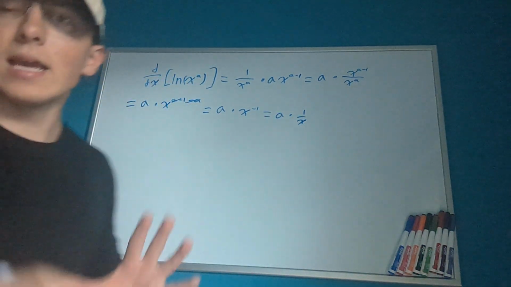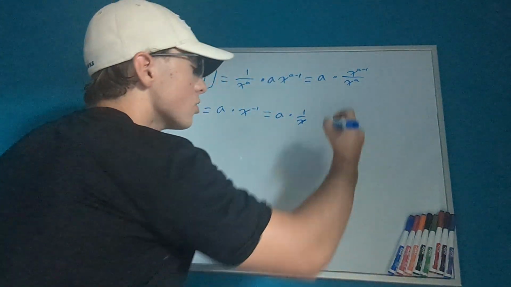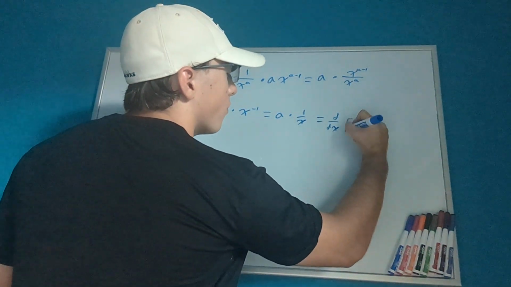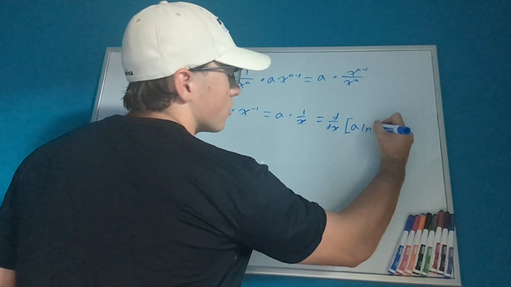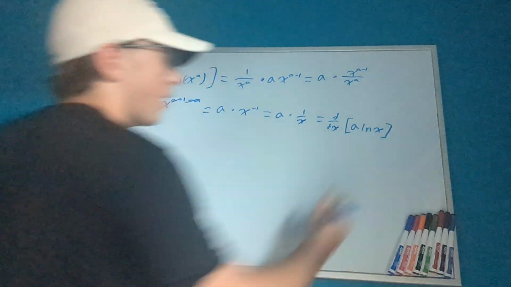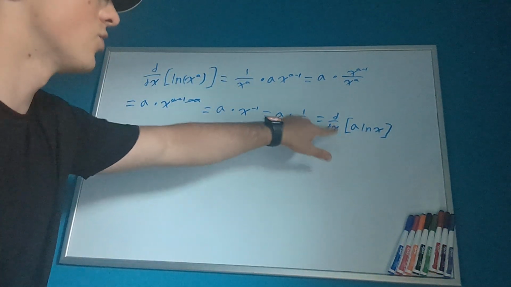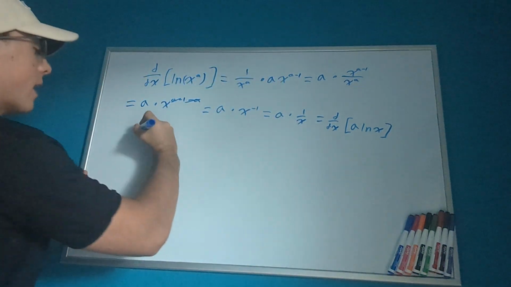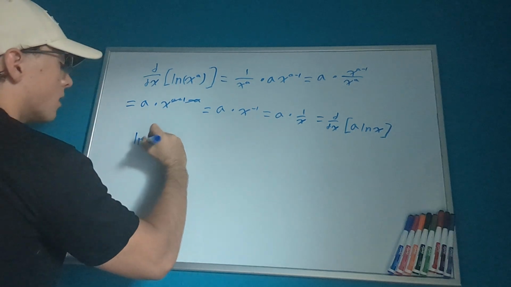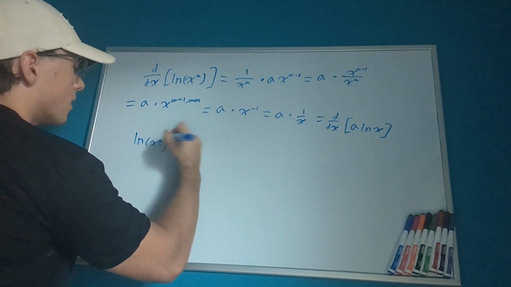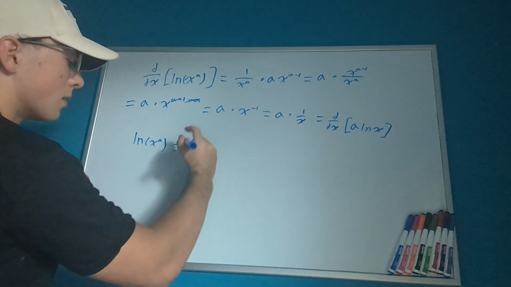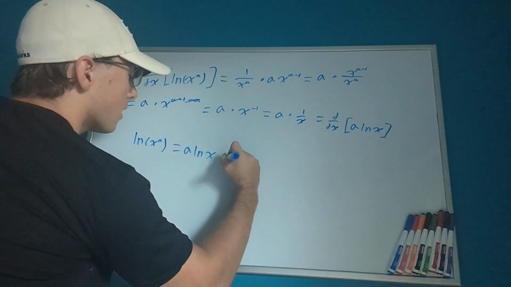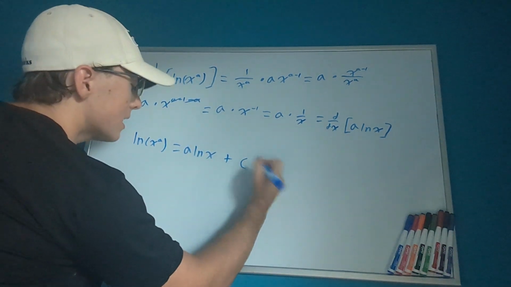Now, a times 1 over x also happens to equal the derivative of a times the natural log of x. Those are equal to each other. So now we can use that corollary to say that the natural log of x to the a equals a times the natural log of x plus some constant c.